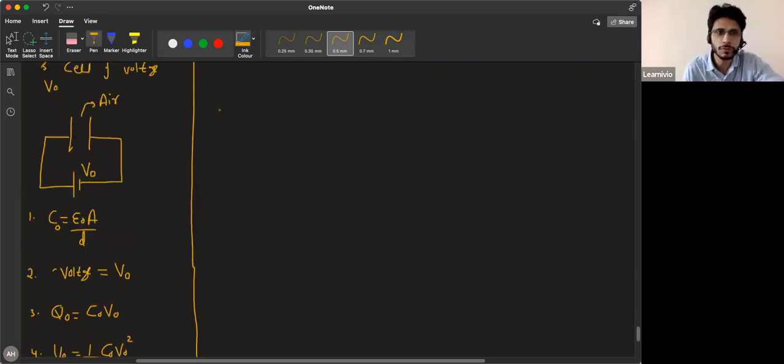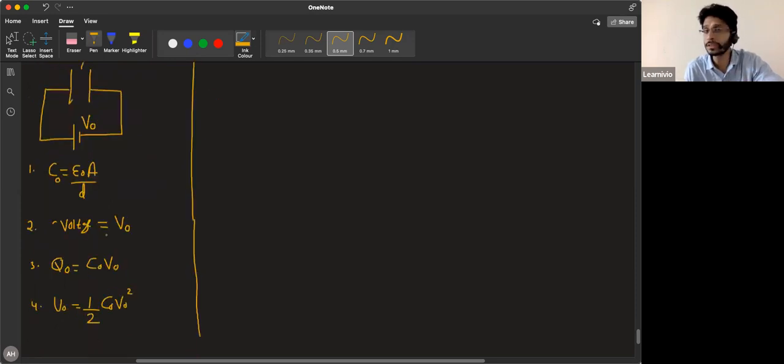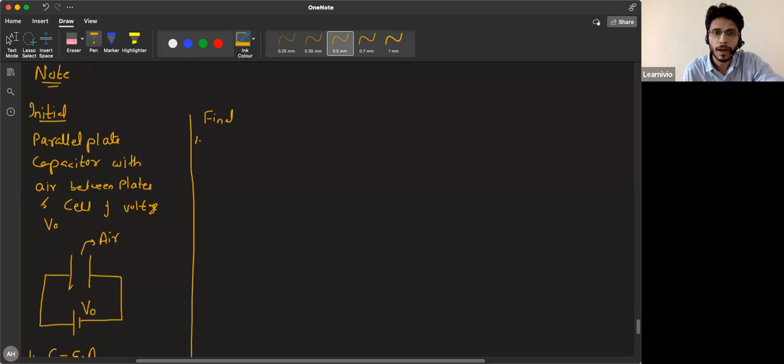He will ask you to calculate all these terms if a dielectric slab of dielectric constant K is inserted between the plates, and the battery remains connected.